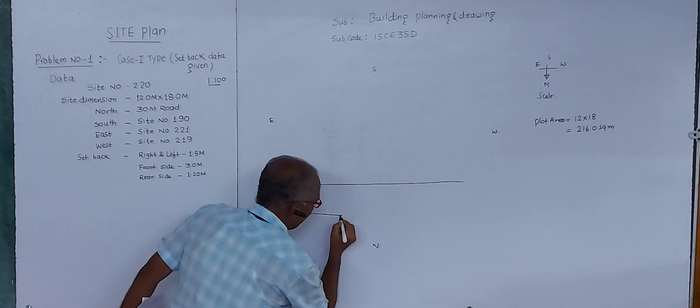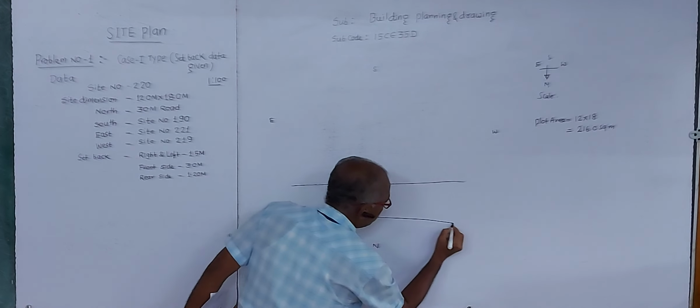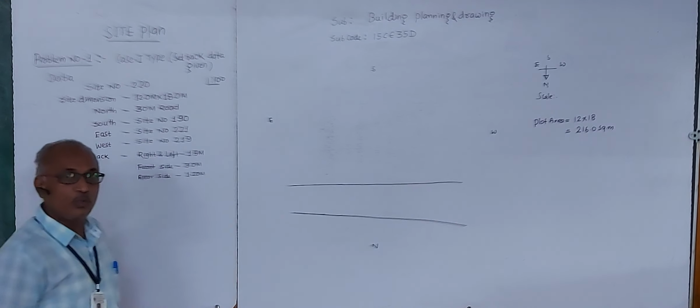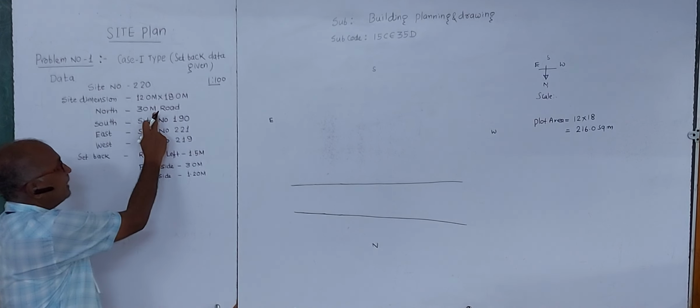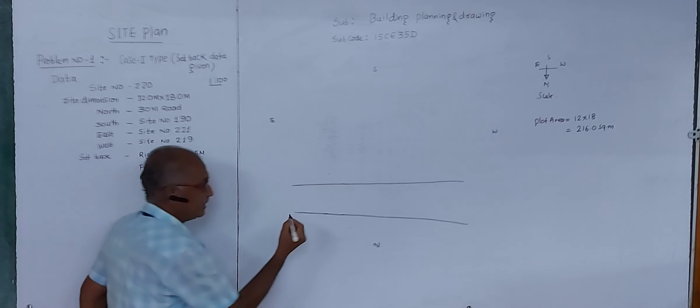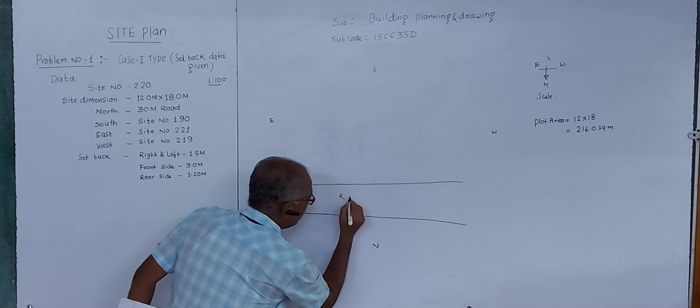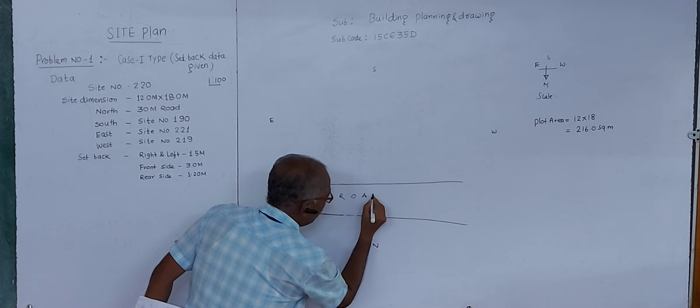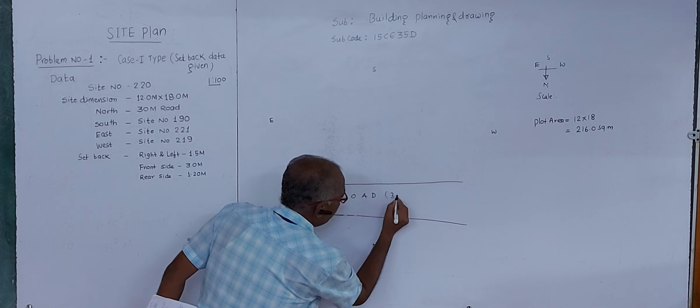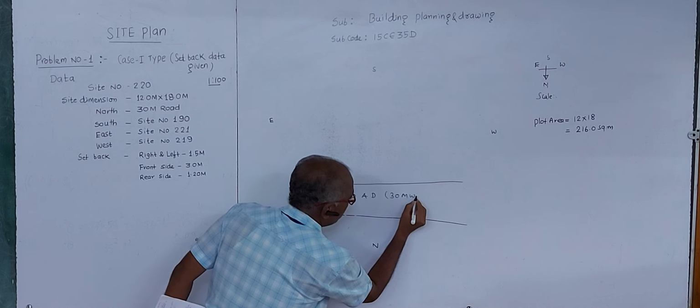Parallel to this line, using the 1:100 paper scale, you mark the 30 meter width and then draw a line parallel to that line. This is the road of 30 meter width, and you have to write it in capital letters, ROAD, 30 meter wide.